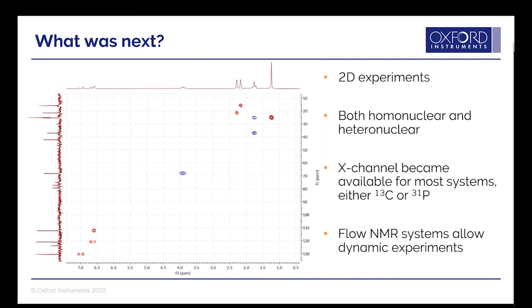That gives you not just the information about the correlations between the proton and the carbon, but also the understanding of the CH2, the CH3, and the CH groups. As well as these technological advancements, we also started to add things like flow cells to the NMR system to allow people to measure and monitor dynamic experiments.